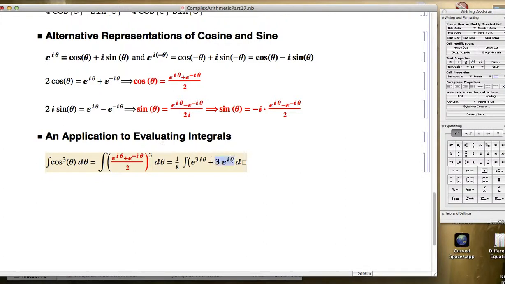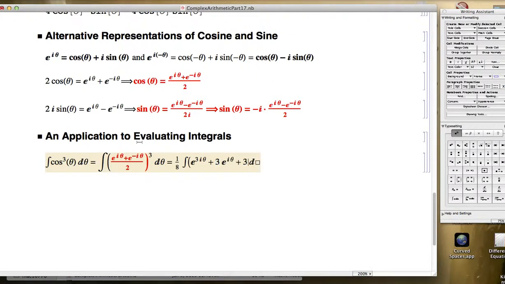In the second term of the expansion from the binomial theorem, focused on the numerator of this fraction, when you square the first term, you're going to get e to the 2i theta, but when you multiply it by e to the negative i theta, it's going to simplify to just e to the i theta when you combine those exponents. We still have the 3 here from the binomial theorem.